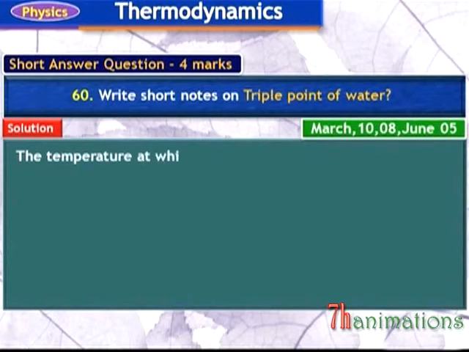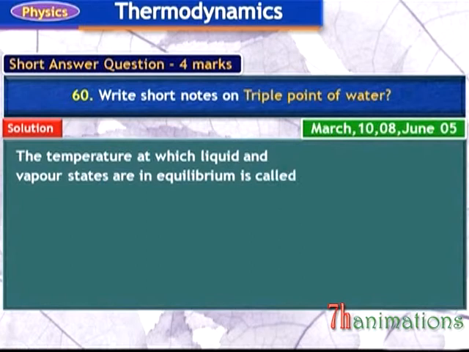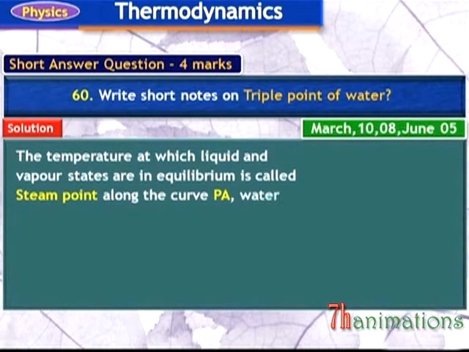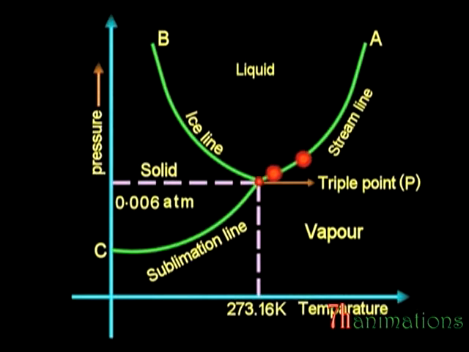The temperature at which the liquid and vapor states are in equilibrium is called the steam point. Along the curve PA, water and vapor are said to be in equilibrium. The curve PA is called the steam line. Above this the water is in liquid state, below this the water is in vapor state.